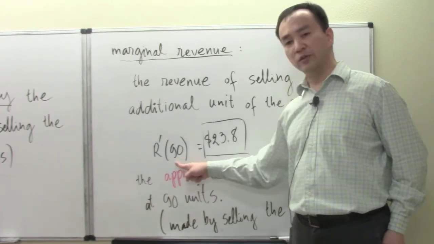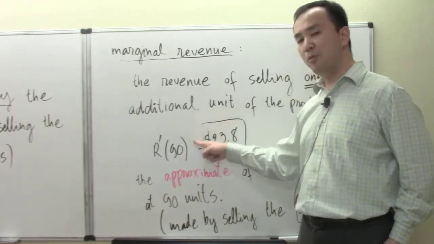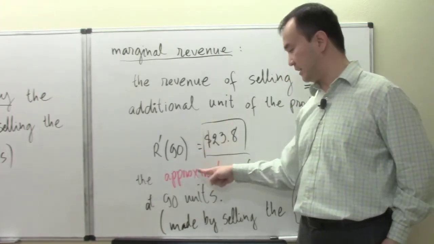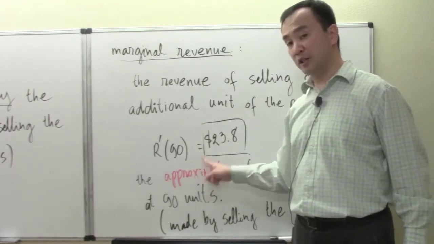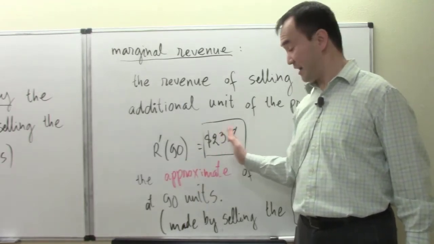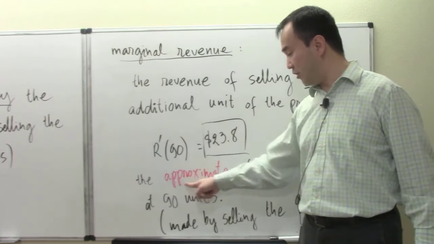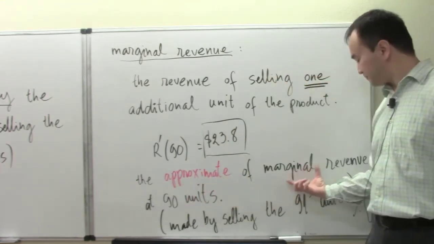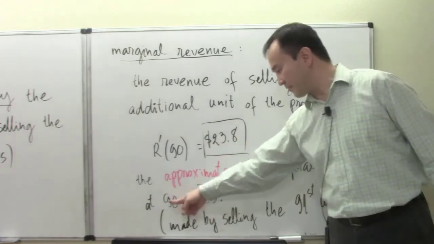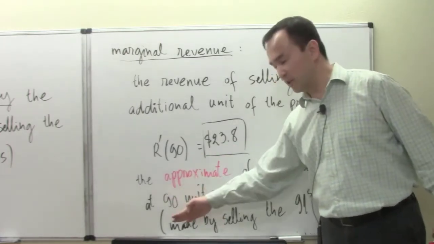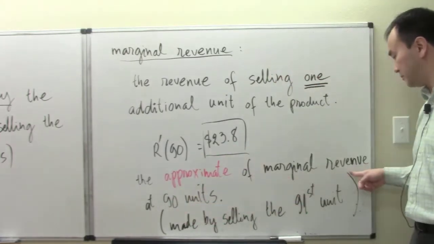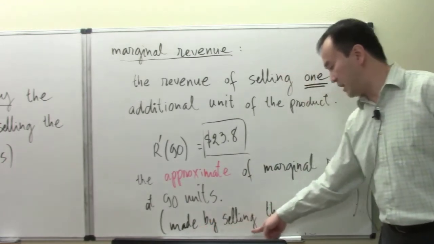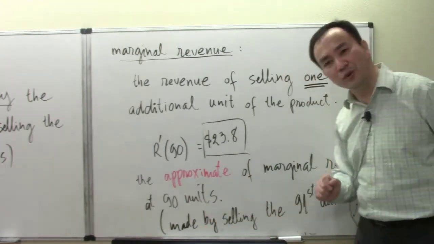Substitute that into the derivative function. And that output value is not the exact, but it's always close enough. Trust me, I guarantee this, it's always close enough to give you a picture of it, and it's an approximate of the marginal revenue at 90 units, or another way of saying it, the approximate marginal revenue made by selling the 91st unit.